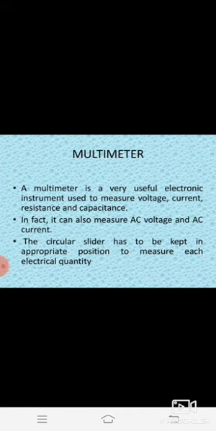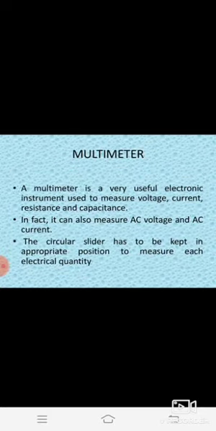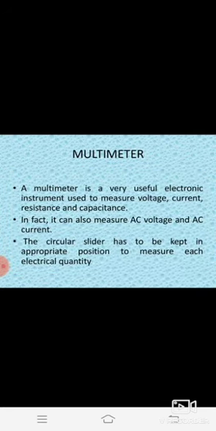Next, the circular slider has to be kept in the appropriate position to measure each electrical quantity. In the diagram you can see there is a circular slider. This circular slider is used to select the appropriate position to measure each electrical quantity.